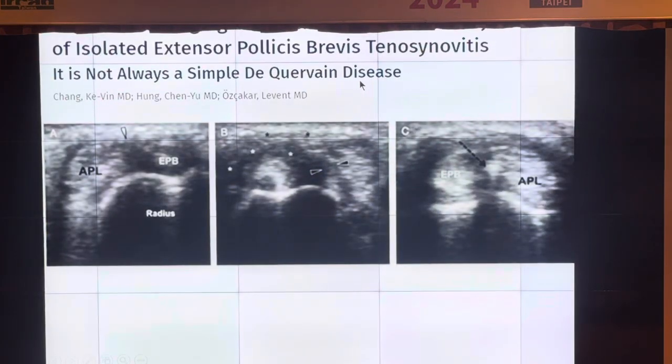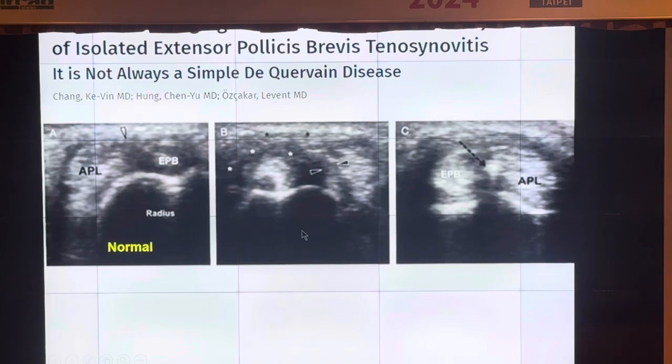So you may question, because the tendon is located at a very superficial area, why should we use ultrasound to evaluate? I'm going to show you a case. So as you can see, this is the normal side. Usually the size of the abductor pollicis longus is bigger than the extensor pollicis brevis. But in this case, you can find there is a septum separating the tendon of the abductor pollicis longus and the extensor pollicis brevis.